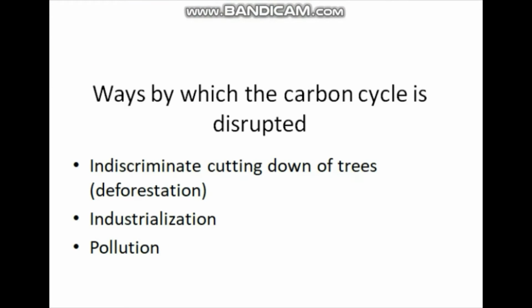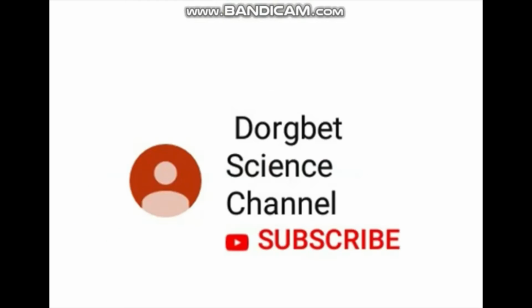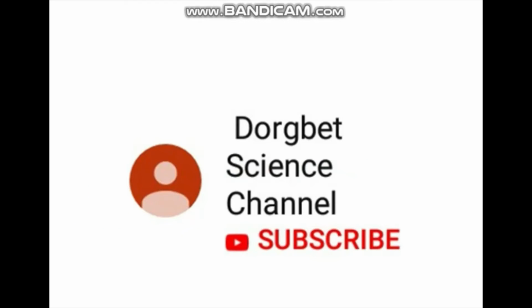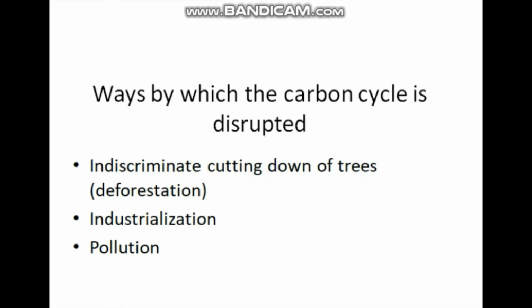But if we as human beings decide to pollute those environments in which living organisms are, these organisms are not going to decay. It is not going to be part of the natural process. Hence, there is going to be too much carbon dioxide being released into the atmosphere at that point.